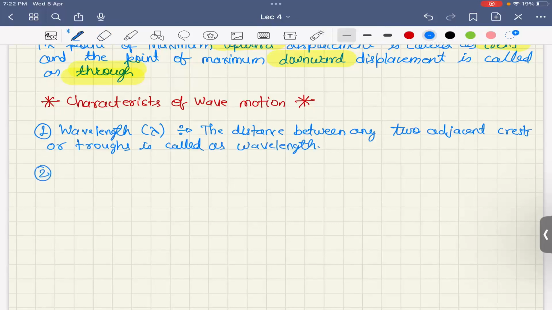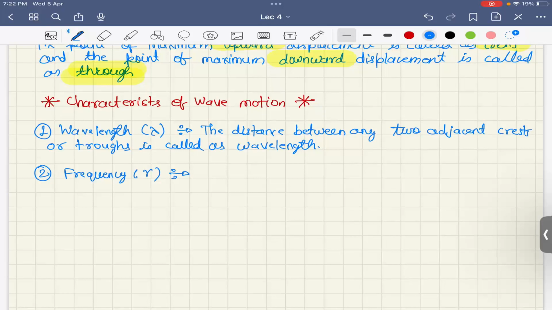Second is frequency, denoted by nu. The number of waves which pass through a given point in 1 second is known as frequency.